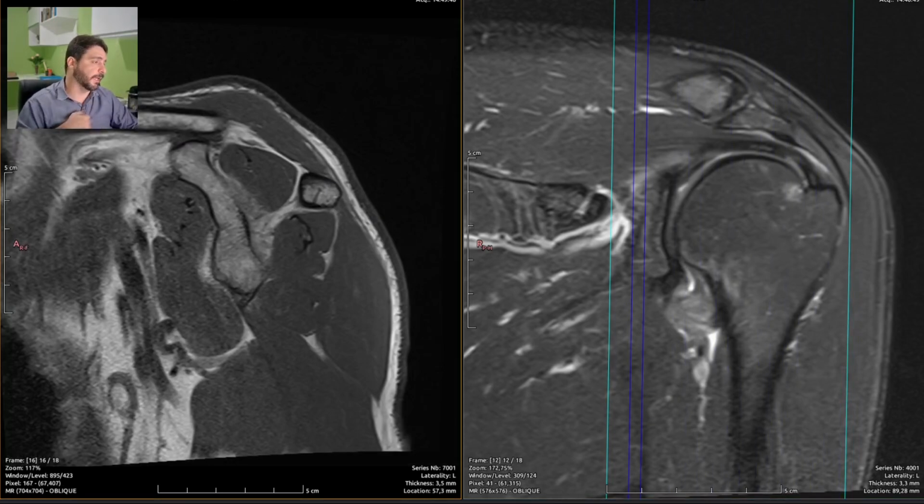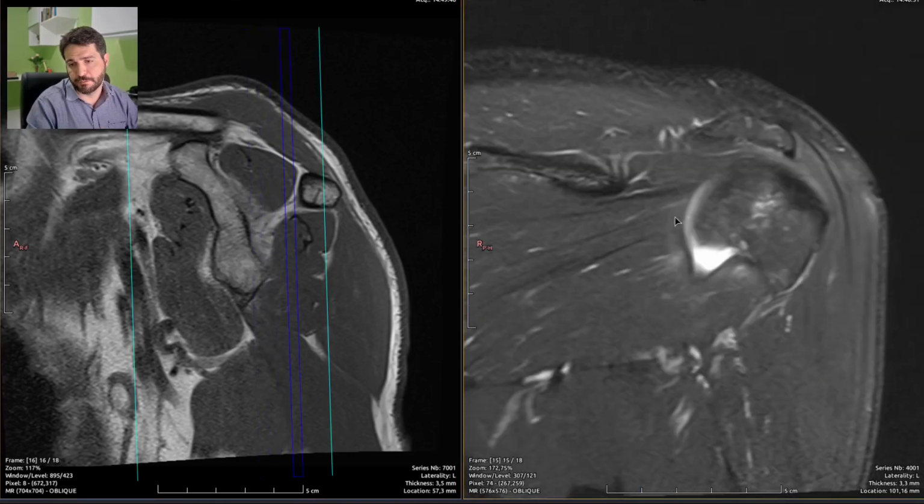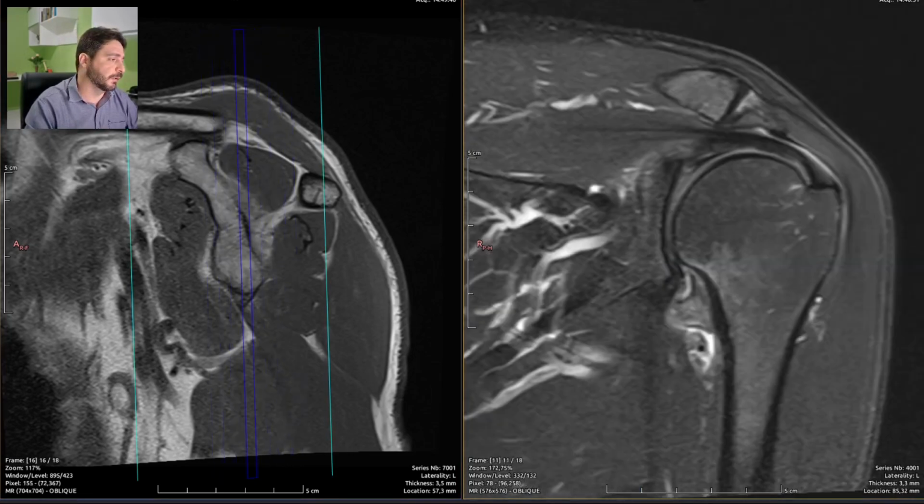So we have mild arthrosis of the acromioclavicular joints, mild effusion. I'll call it a mild effusion. So mild effusion of the glenohumeral joint with extension to the subacromial bursa. Subcoracoid bursa. Glenoid labrum tear.